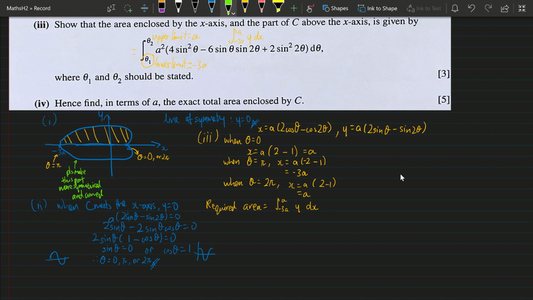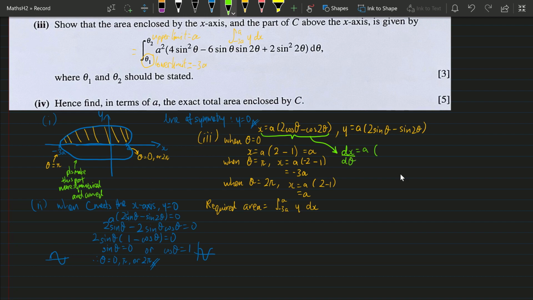I really don't know why it's only worth 3 marks, but anyway. Let's look at this x here. So what's dx? I need to differentiate both sides with respect to theta to get something d theta. So when I differentiate x with respect to theta, I'll get dx d theta.